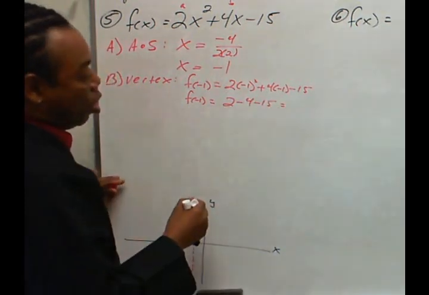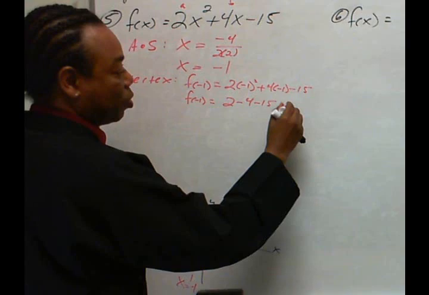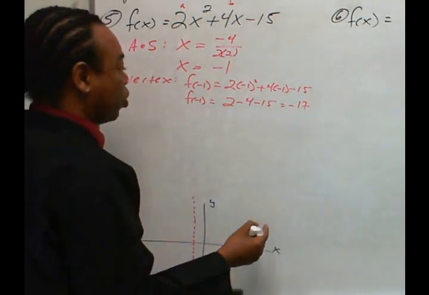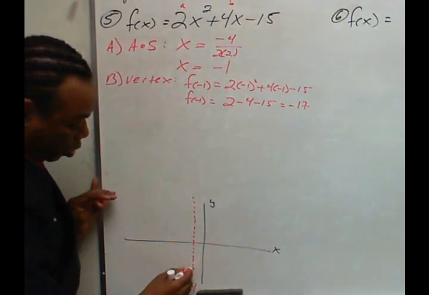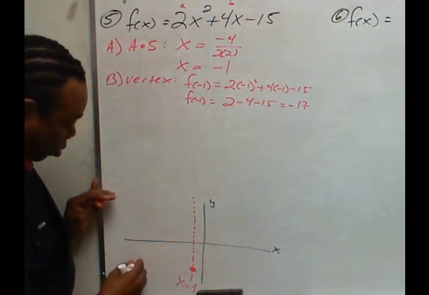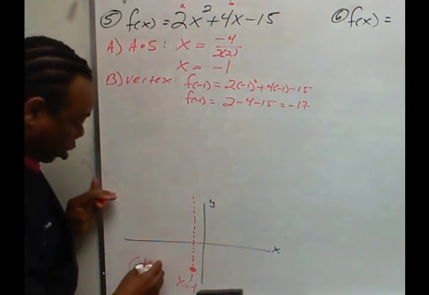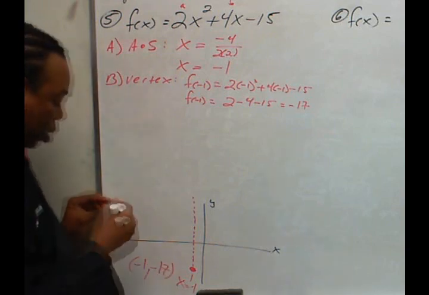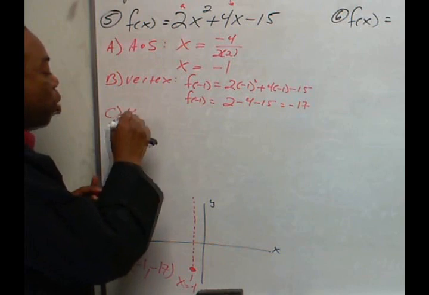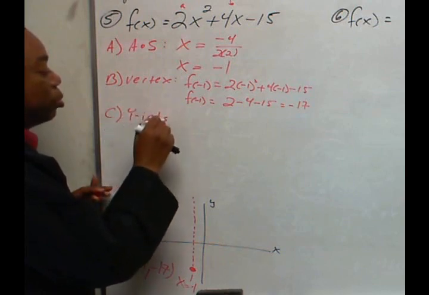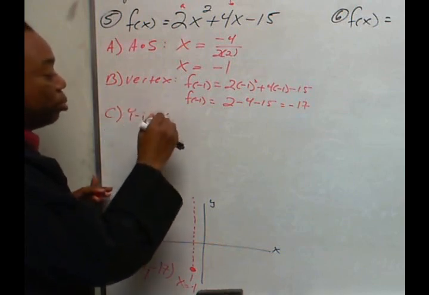Okay. All this adds together to -17. So that's our vertex. -1, -17, which is down here.